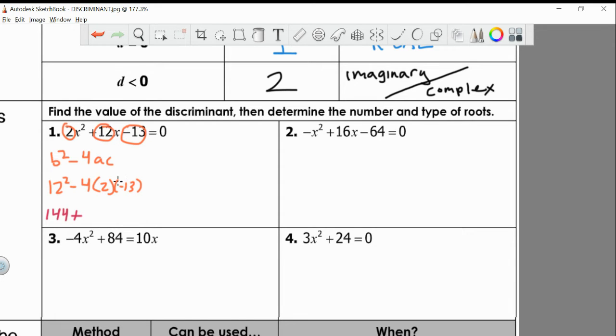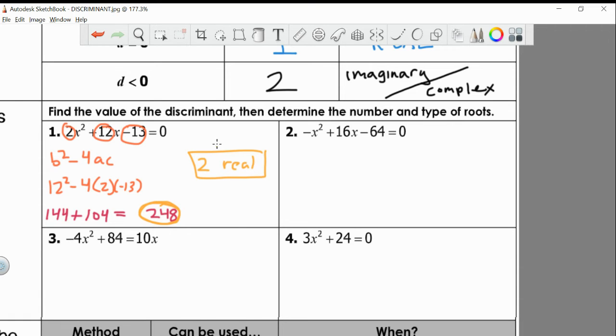Doing this in a calculator isn't too hard. 4 times 2 is 8. 8 times 13 is 104. And so our discriminant is 248. Now, what does this tell us? It's not the answer to the question, but we know we have the square root of a positive number. And if we have the square root of a positive number, that's fine. That means we're going to have 2 real answers. Nothing to stress out about. Okay, we just get 2 real answers.